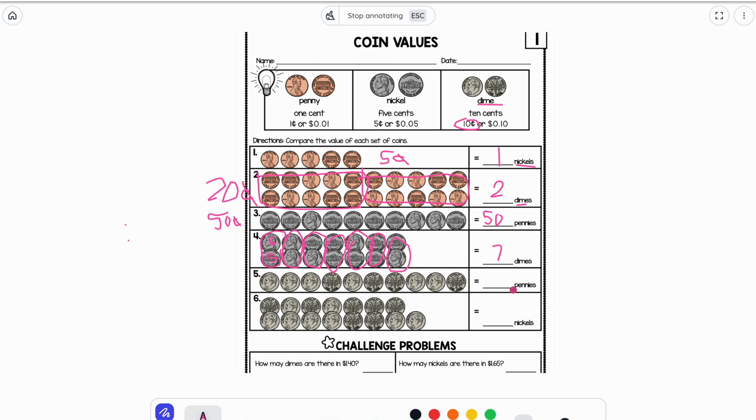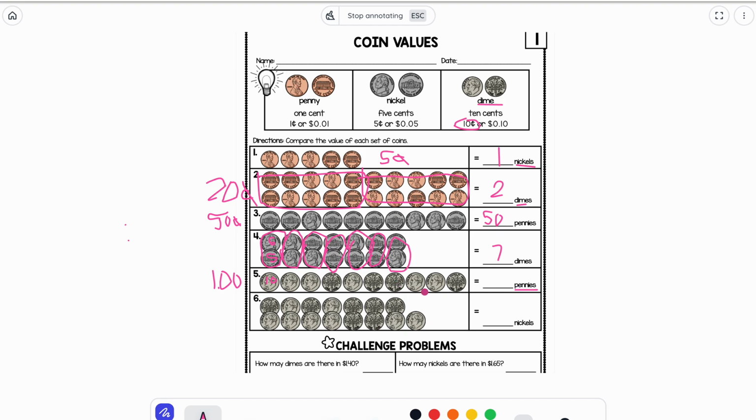Now, they want to know how many pennies for the next one. And I know this is a dime. So this is 10 pennies right here, right? Because 1 penny is 1 cent. So I've got 10 pennies. So I'm going to count by tens. Here we go. 10, 20, 30, 40, 50, 60, 70, 80, 90, 100. I've got 100 cents, aka, if you didn't know, that's equal to $1.